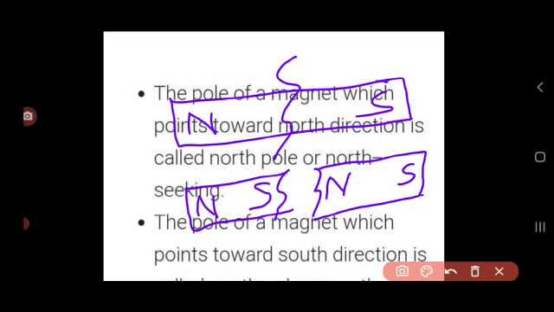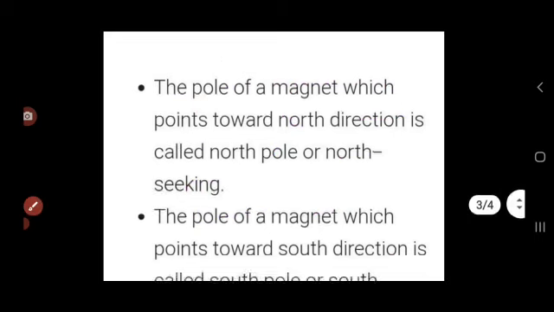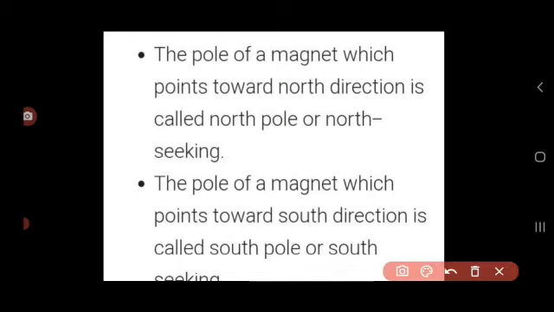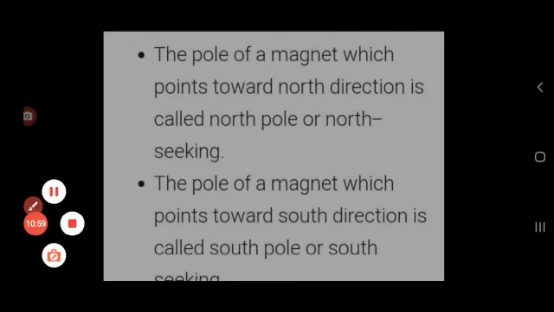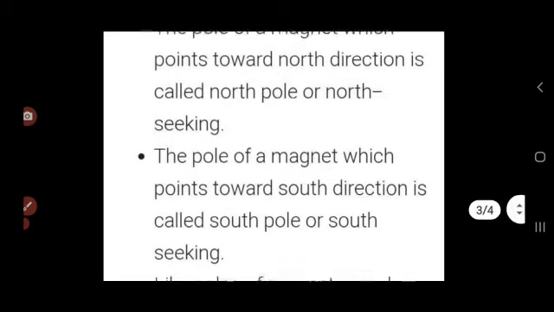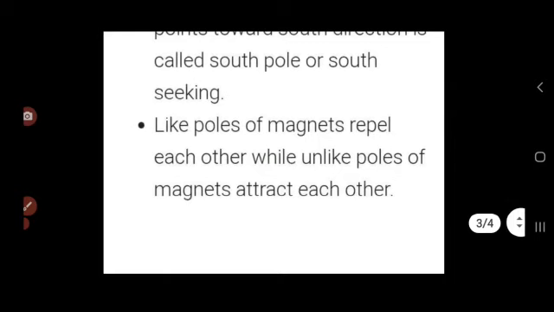Now, like poles of magnet repel each other and opposite poles attract each other. Suppose you bring the north pole of one magnet near the north pole of another magnet. You will see these two poles repel each other. If you bring two south poles closer, they also repel each other.